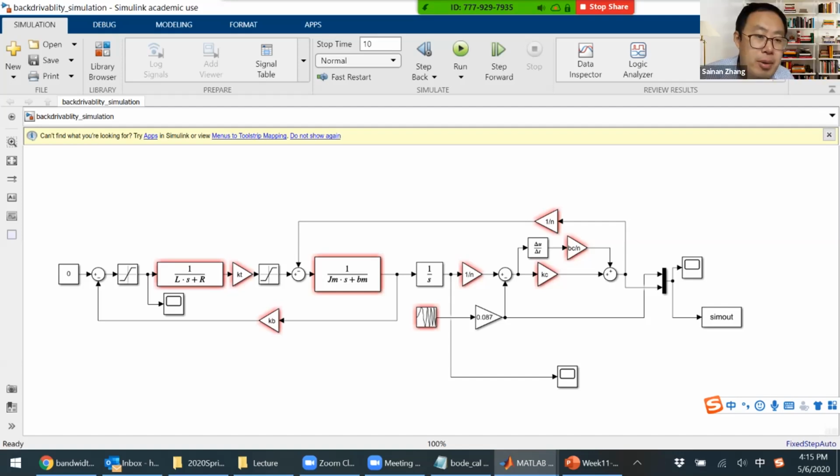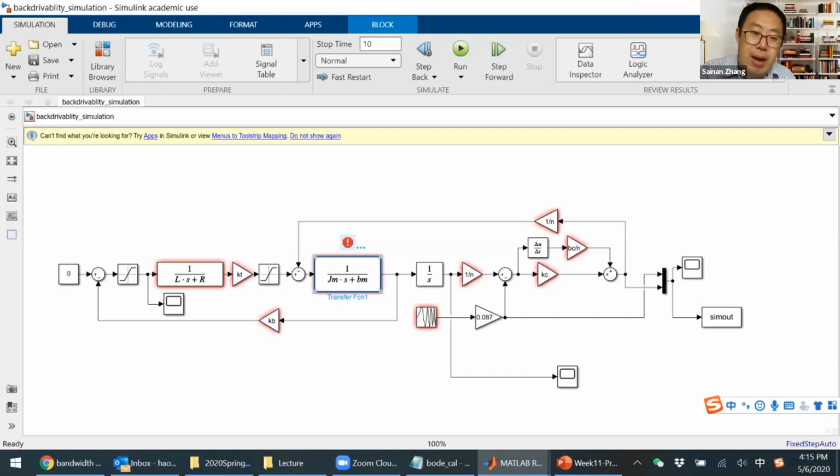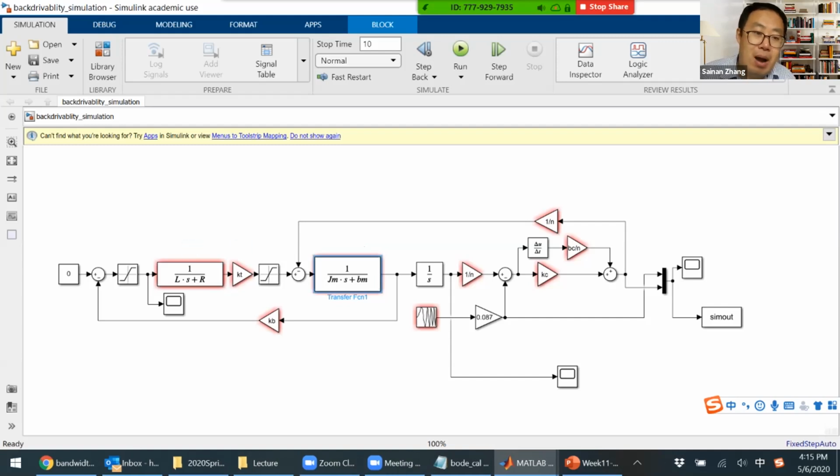I'm not sure I quite understand your question, but maybe I can try. So you see this block, right? Each block is basically an S domain block diagram. This or this, they are S domain. But that's the beauty: you use the S domain blocks to build the relation, for example the relation between current and voltage.